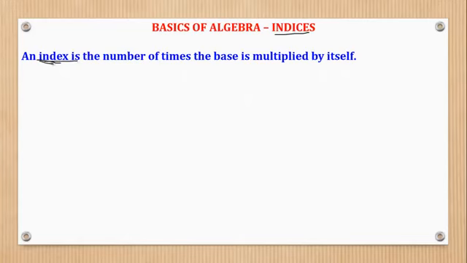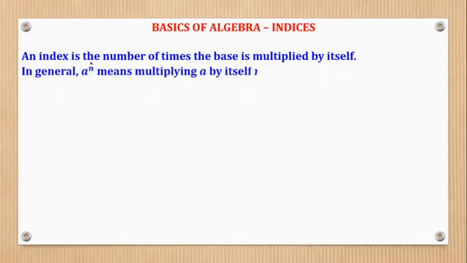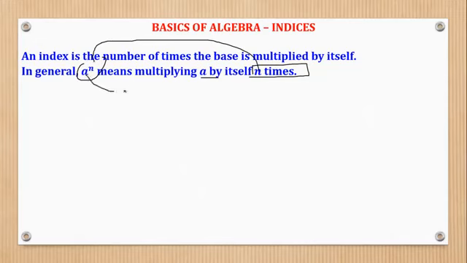An index is the number of times the base is multiplied by itself. For example, a to the power n means multiplying a by itself n times. Therefore, this n becomes the index, and this a becomes the base.